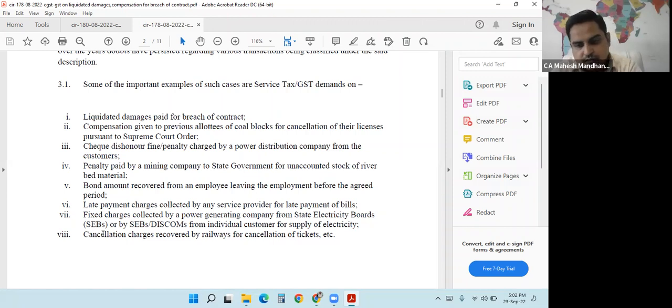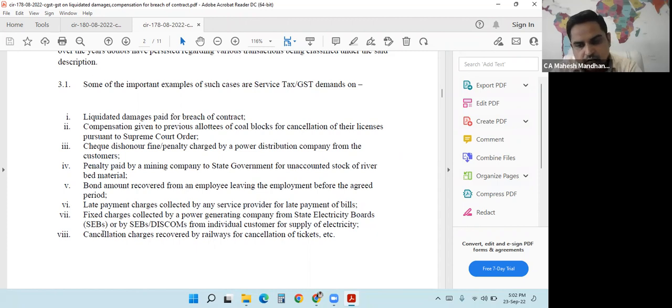So whenever parties enter into a certain agreement and one of the parties to the contract fails to perform its obligations as per contract, then the other party will get a certain amount as damages. Such damages will not be treated as a supply under GST and will not be liable to tax.